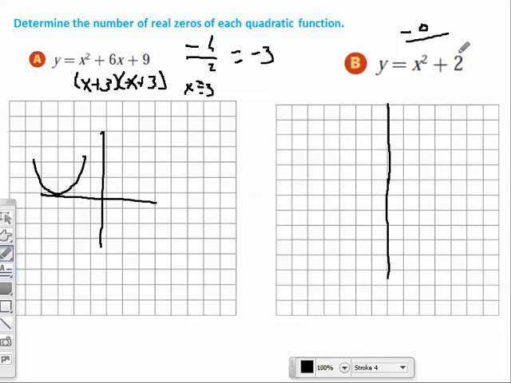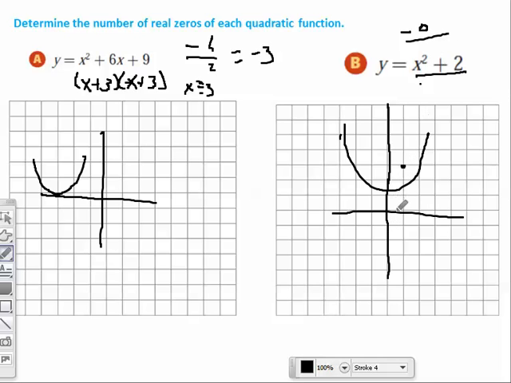It'll be right along the y-axis. Won't change any. But if I try to factor this and find the roots for it, I'll discover that it has no real solutions. Nothing real. So if I stick 1 in here, 1 squared plus 2 is 3. So at 1, it's at 3. It should have gone through that point right there.